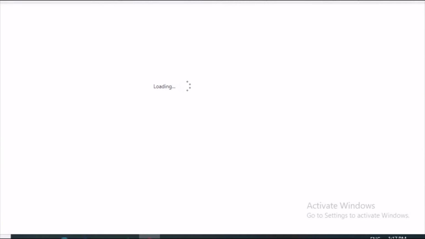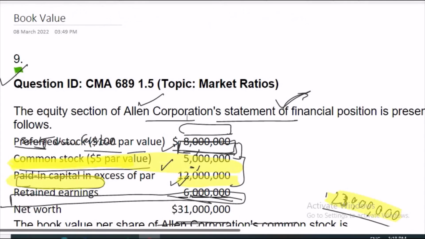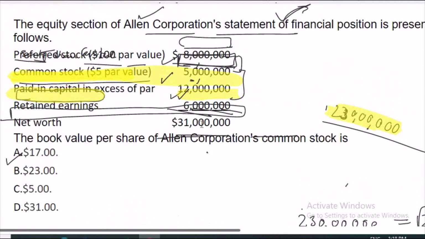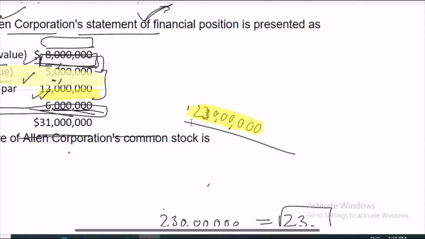Then the book value. Book value would be 230, that would be the 52 plus 18 plus 5. This is the 50 lakh plus 1 crore 12 lakh plus 60 lakhs is equal to 2 crore 30 lakhs.